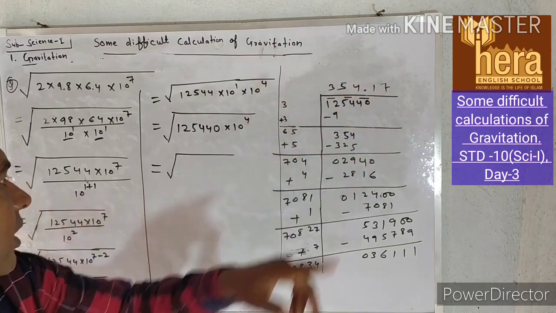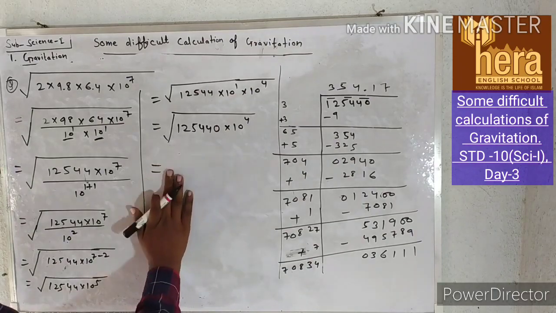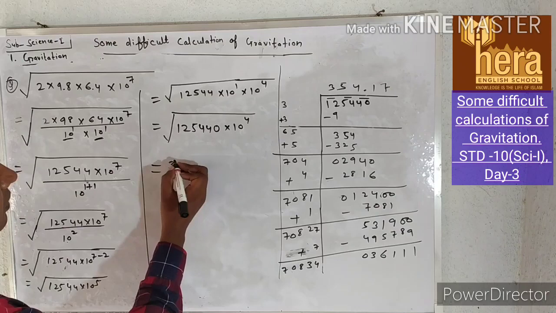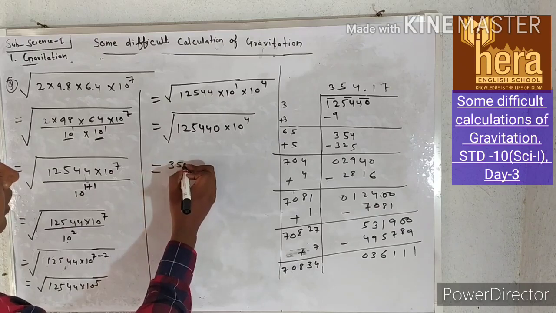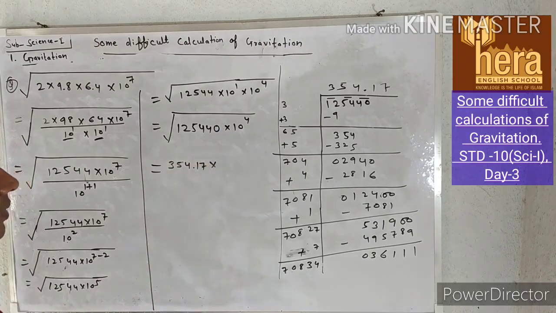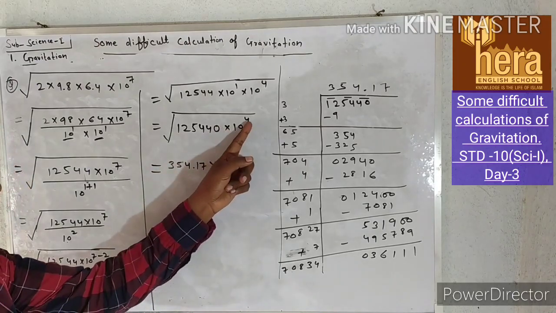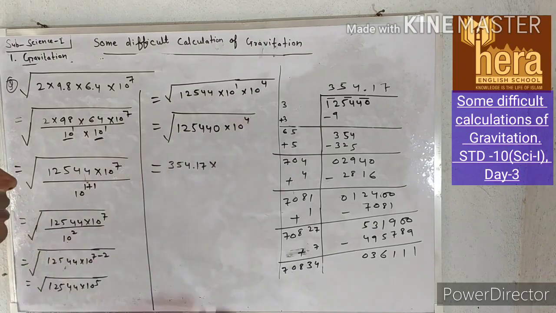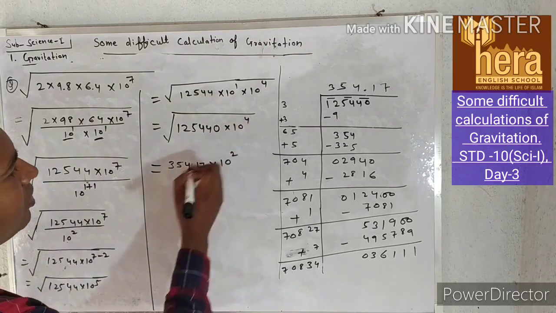Take till 2 digits, okay? So this will be equal to 354.17 into 10 raised to 4. What you have to do? Just half the power, half the index. So this will be equal to 10 raised to 2.